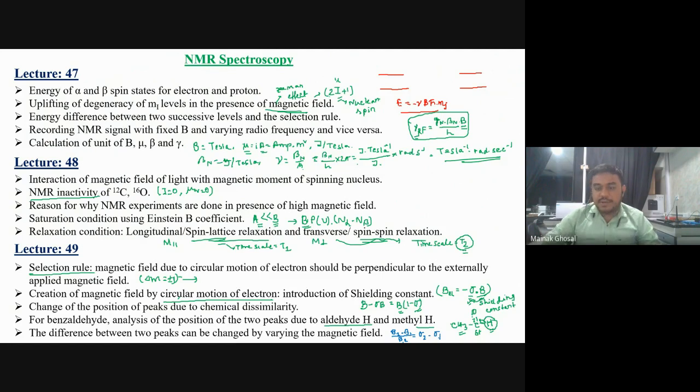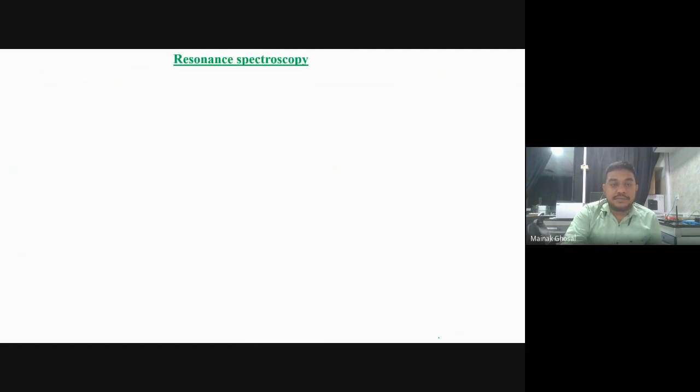What are sigma 2 and sigma 1? Sigma 2 and sigma 1 are the fields due to these two different protons. And you can see if you change this value of B, the difference between sigma 2 and sigma 1 will change. So we need to find some generalization which is valid for every case. That's why the next lecture will depict that.